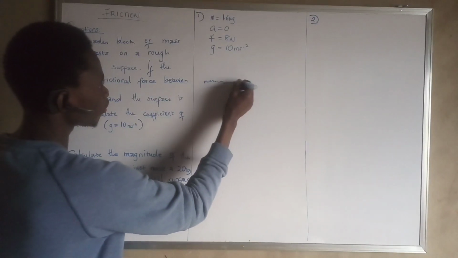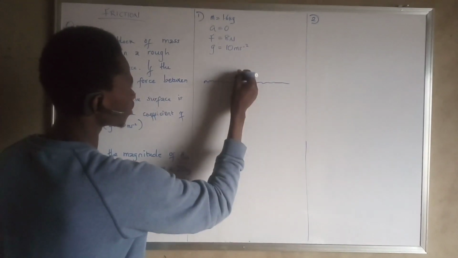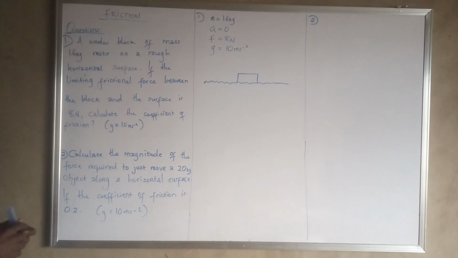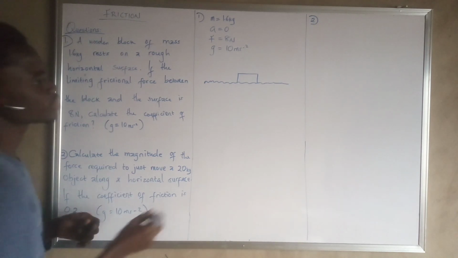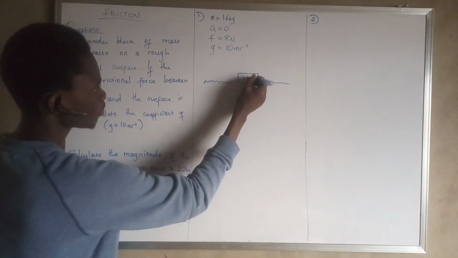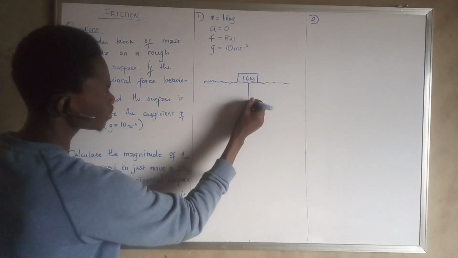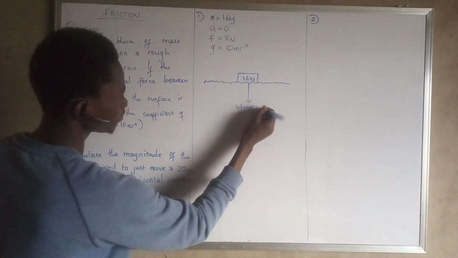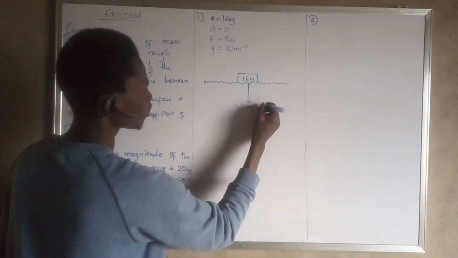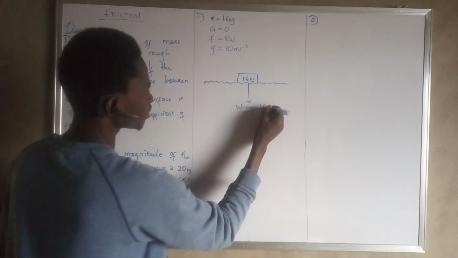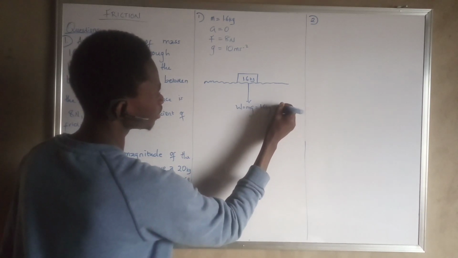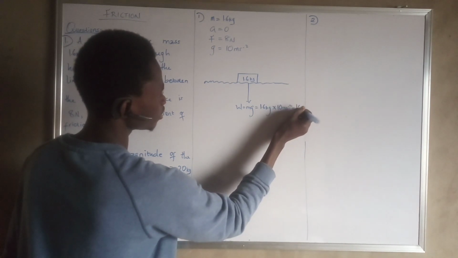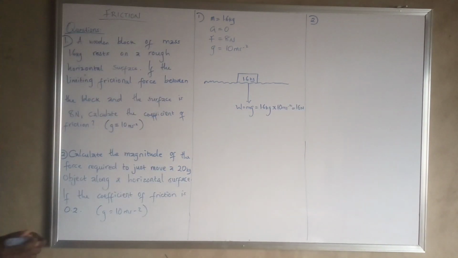Object on the rough horizontal surface. This is a typical diagram of an object on a rough horizontal surface. Mass of the object, 1.6 kg. Vertically downward we have the weight, mass times gravity, which is equal to 1.6 kg times 10 meters per second squared, equal to 16 Newton.